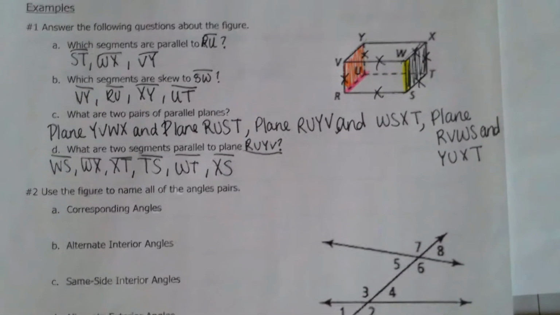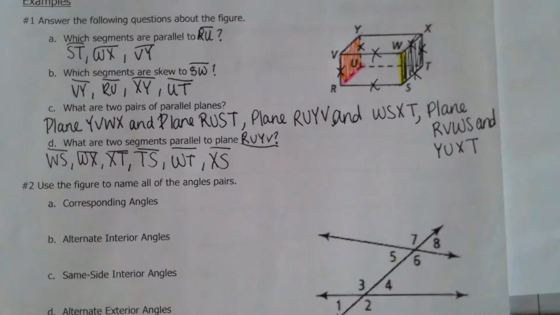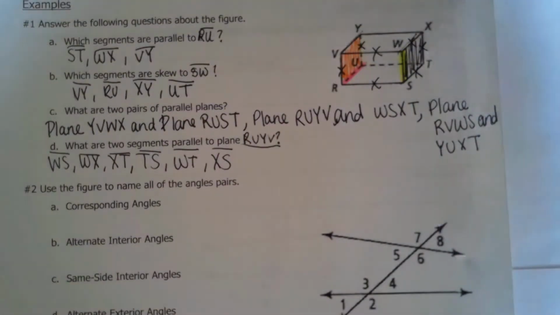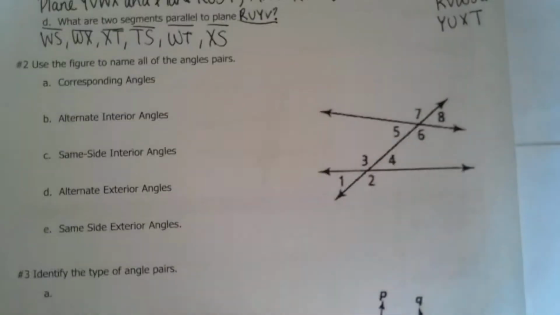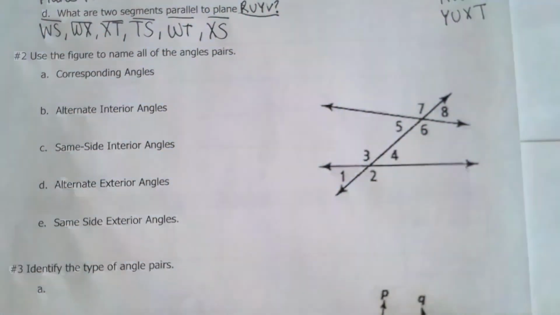All right, next let's talk about problem 2. Problem 2 is very similar to the front page when we first identified these definitions. You are going to use this picture to name all of the angles that match these pairs.